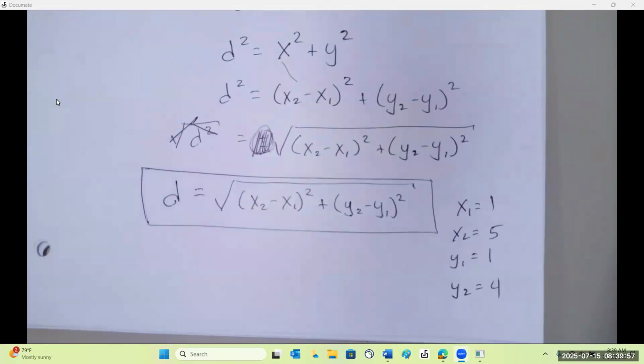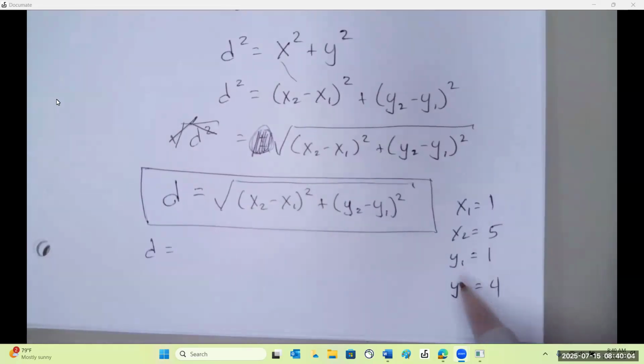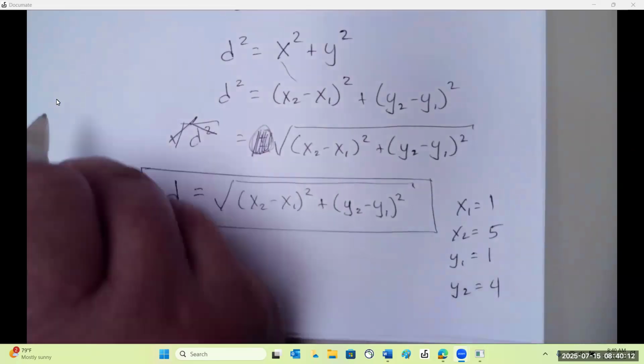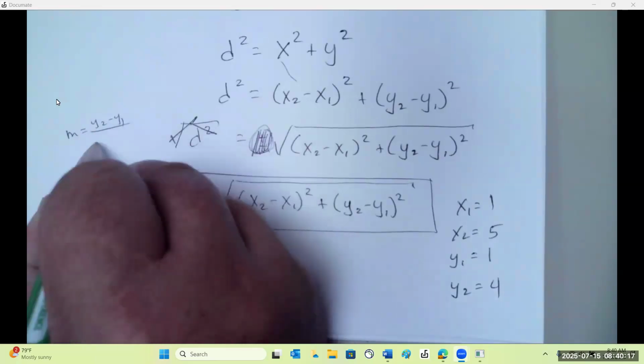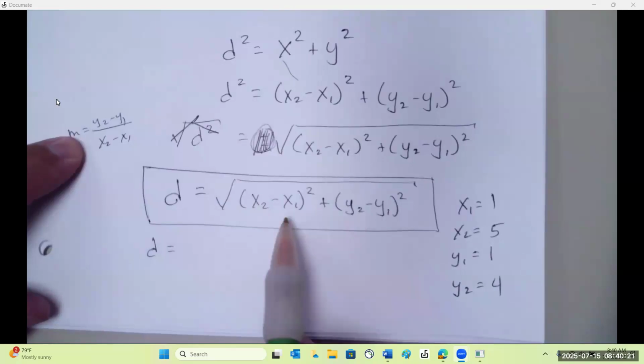Look back on your notes for that. We can either plug these in this way, or we can look at our formula for slope. Remember our formula for slope? Y2 minus Y1 over X2 minus X1. That's exactly the same as what we have here.